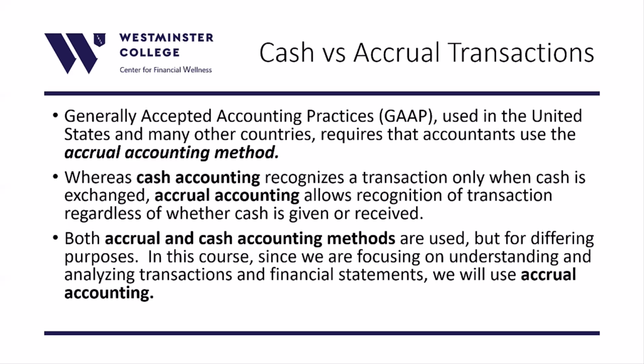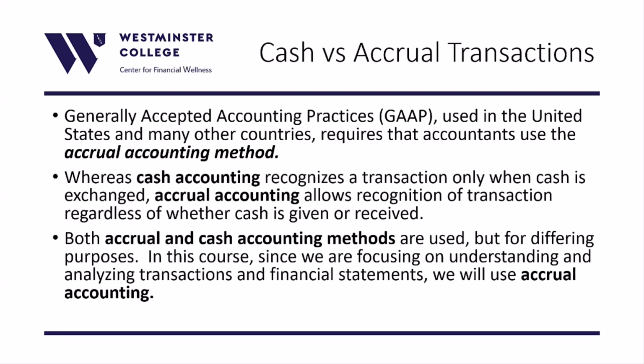Accrual accounting is used to record business transactions for the purpose of creating financial statements, which is what we're doing here. And the financial statements are used as the tools to communicate the results of business transactions. FASB, that's the governing body that creates GAAP, requires that companies use accrual accounting methods.